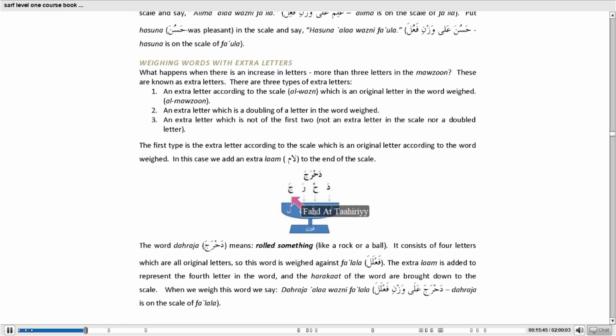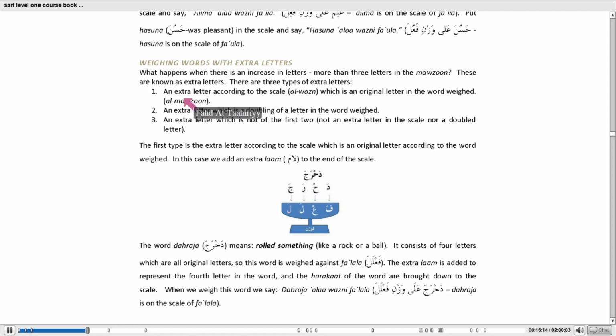Be careful, this is when this extra letter is an original one in the word. If it's an extra letter in the word, it gets another ruling. There's something else we're going to do.